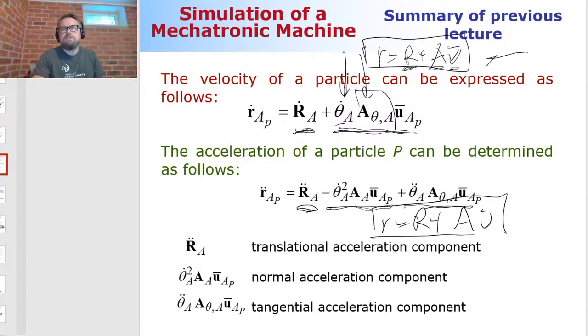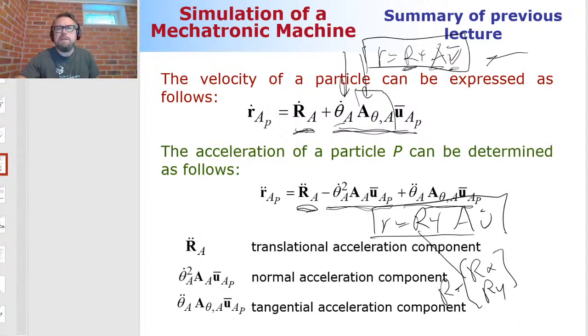This equation also tells you what the generalized coordinates are. The generalized coordinates are the variables in this equation. The variables are the translation in the global x and global y directions, and the angle theta.